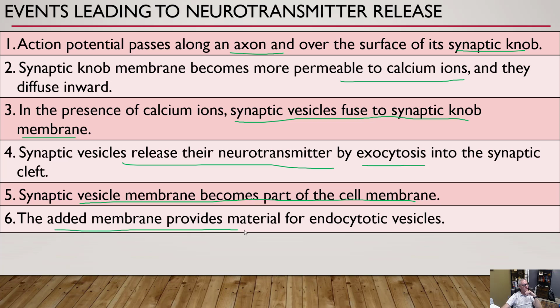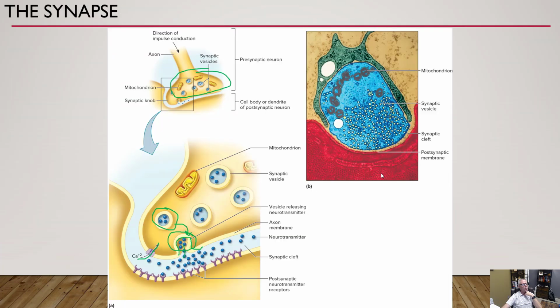And then we have a statement here that added membrane provides material for endocytotic vesicles. We talked last chapter about acetylcholinesterase. Once acetylcholine gets dumped out in the synaptic cleft, acetylcholinesterase will break down this acetylcholine.